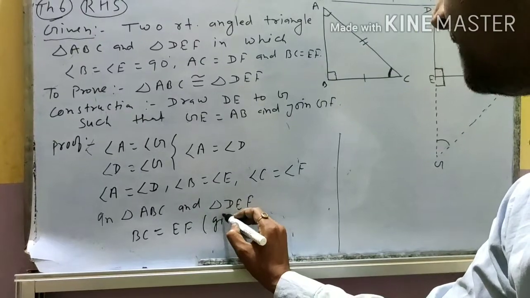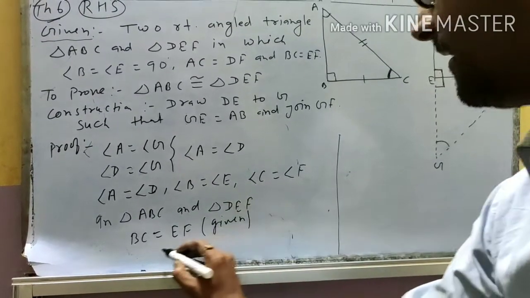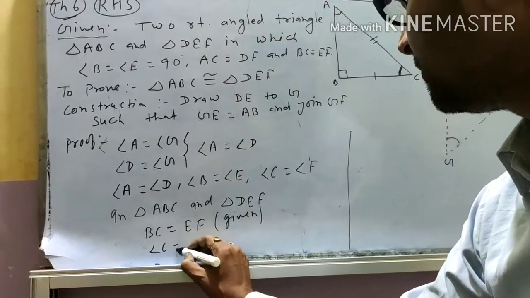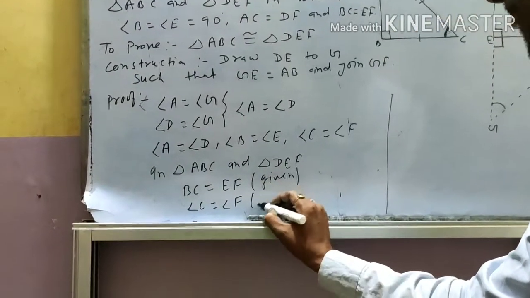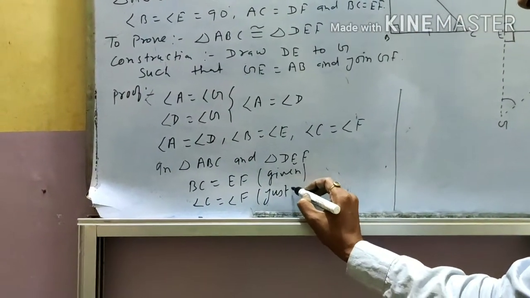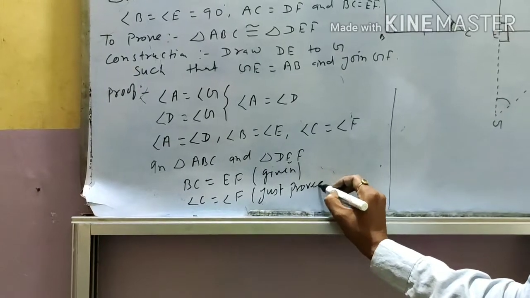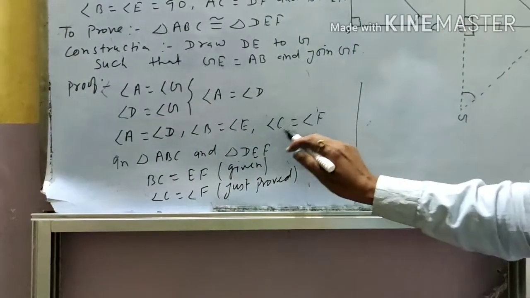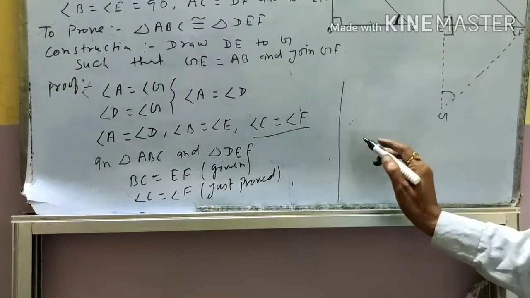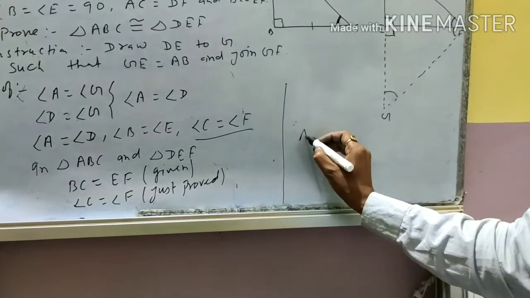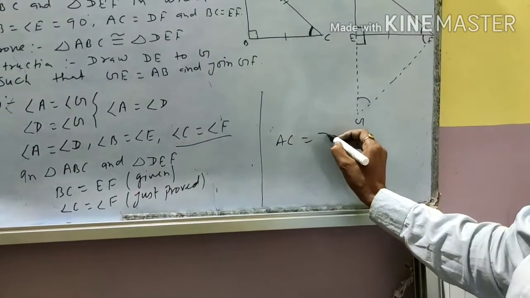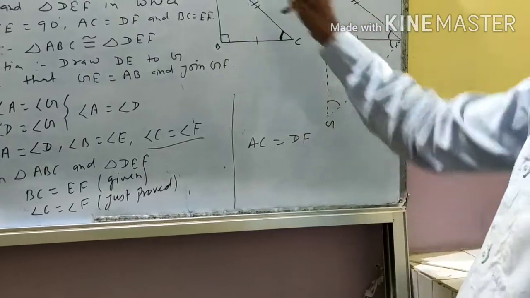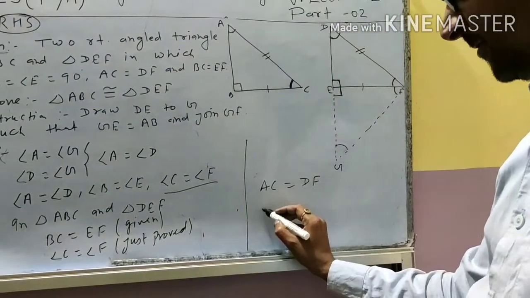This is the given information. Angle C is equal to angle F, just proved. And the last one is AC is equal to DF.